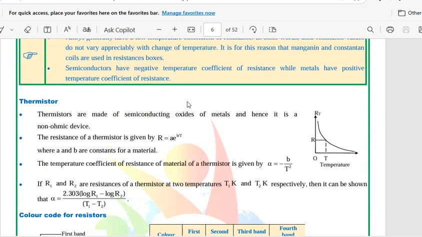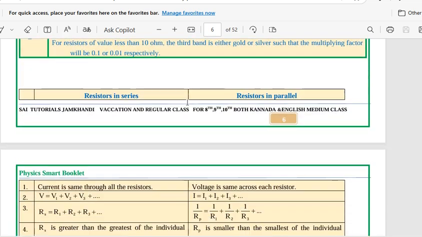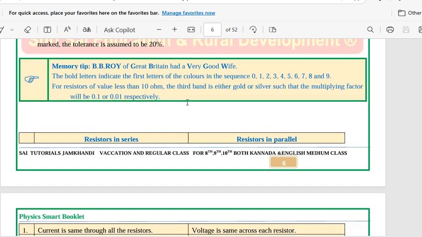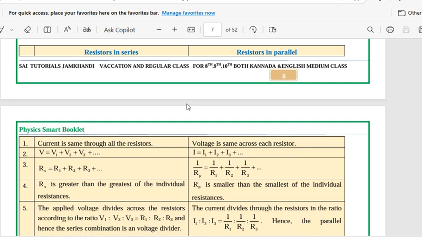So the thermistor concept and color code for resistors are not there in your syllabus, and they are also not there for your NEET examination and CET examination. I will discuss whatever is in the syllabus, that's enough for you. Other than that, if it is there in the NEET examination, I'll definitely discuss it. If not, I will not discuss it, because it may make you clumsy and confused about the concepts.